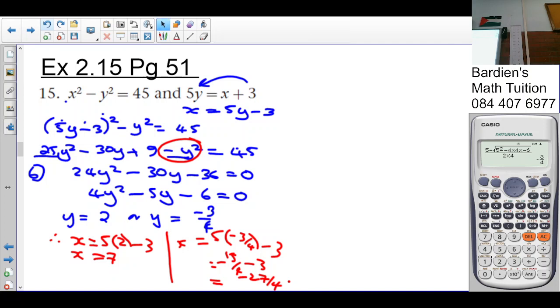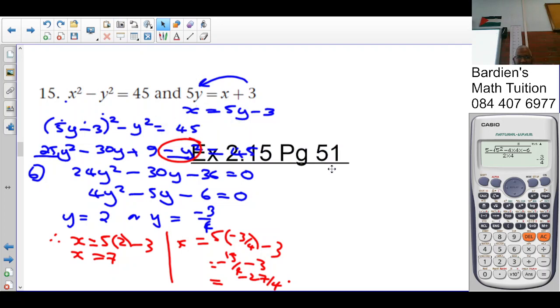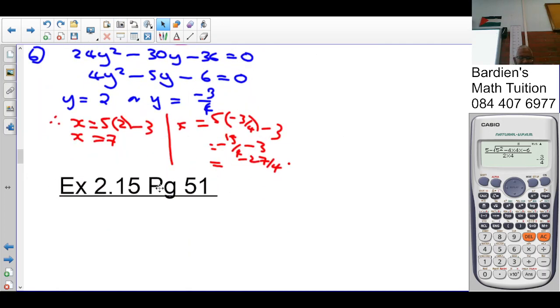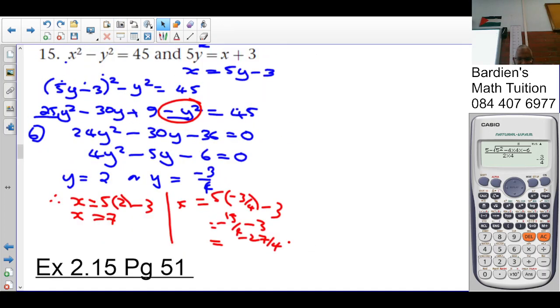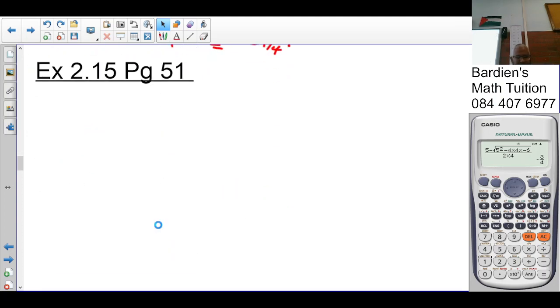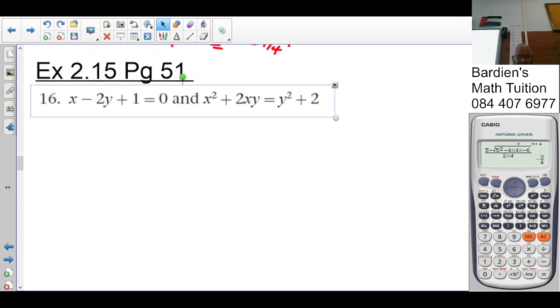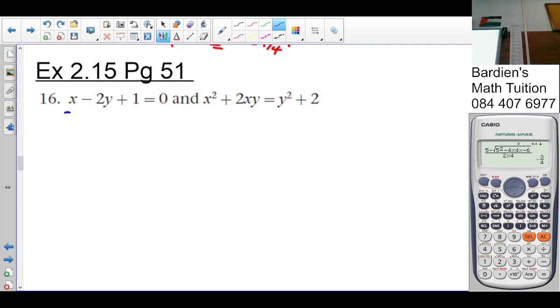Okay. Any other problems with the simultaneous equations? 16. Again, we need to make either x or y the subject of the formula in the linear equation, definitely x, so x is equal to 2y minus 1.